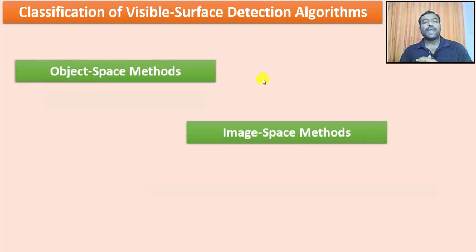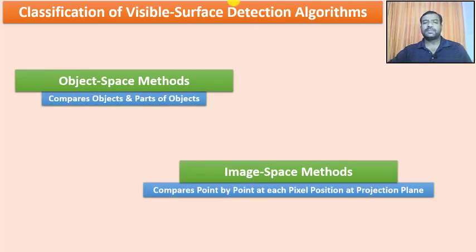In an object space method, we compare individual objects or parts of objects to decide which object is at the front, which is at the back, and which is visible and which is not visible.